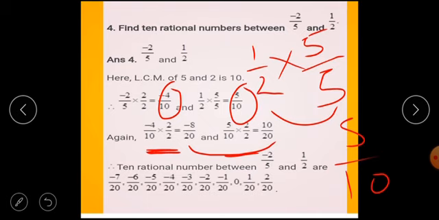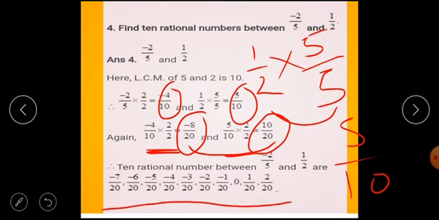We get minus 8 upon 20 and 10 upon 20, and now we can easily write down the 10 rational numbers between these two numbers. So our rational numbers will be minus 7 upon 20, minus 6 upon 20, and so on. These are the rational numbers that lie between minus 2 upon 5 and 1 by 2.